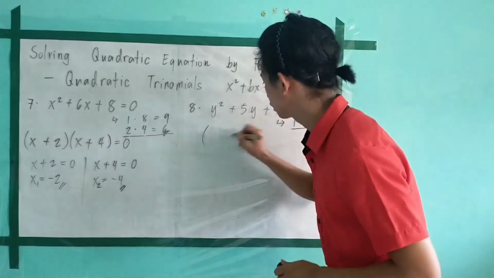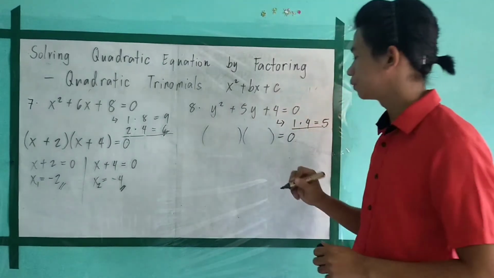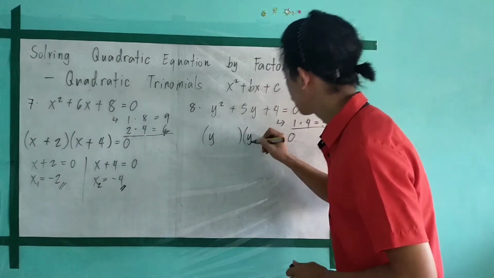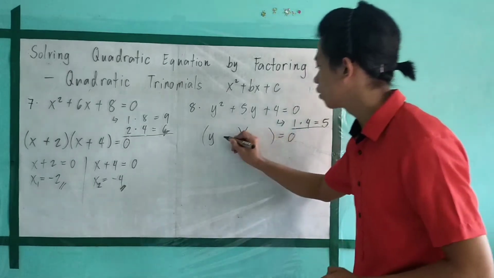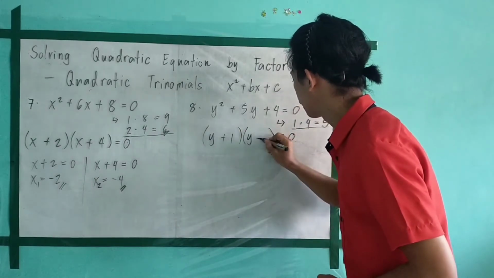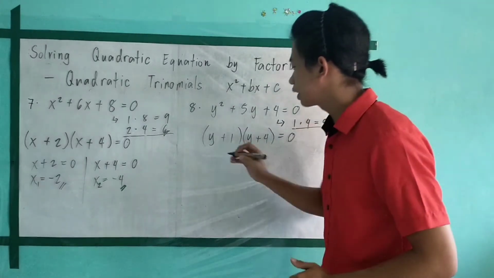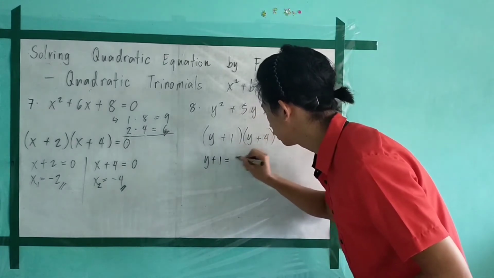Okay? So, gawin natin is equal to 0. And since y multiplied by y, then gamitin natin to 1 and 4. So, positive 1, then positive 4. Okay, equate natin siya by 0. So, y plus 1 is equal to 0.